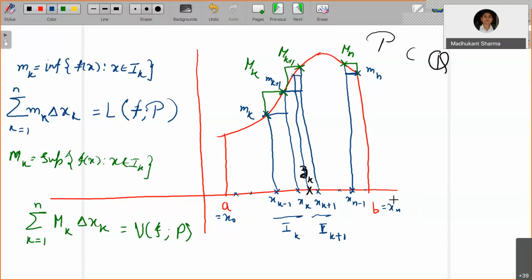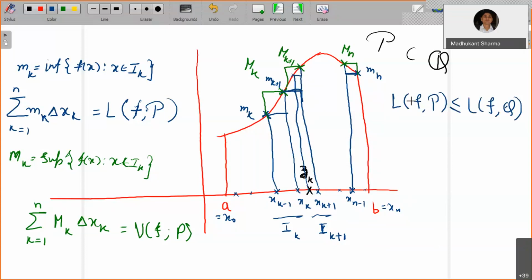Nowhere else will it change, only in between this. Earlier it was this one, now it is carrying this one extra. So it is actually covering more. LFP is going to be less than or equal to LFQ if Q is a refinement of P.